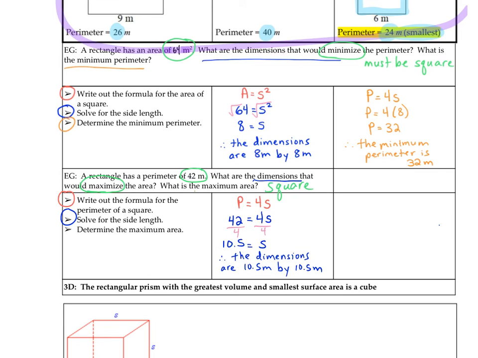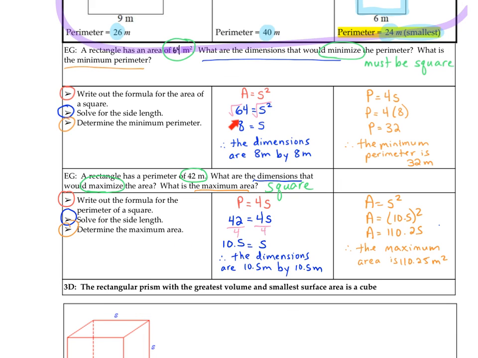Now to find what that area would be with those dimensions, the area is equal to side squared, which is 10.5 squared, which is 110.25. So therefore, the maximum area is 110.25 meters squared.